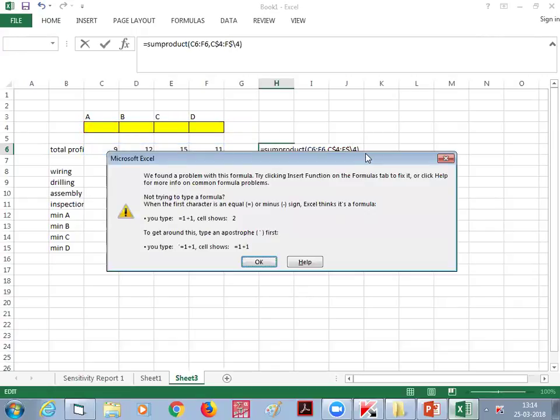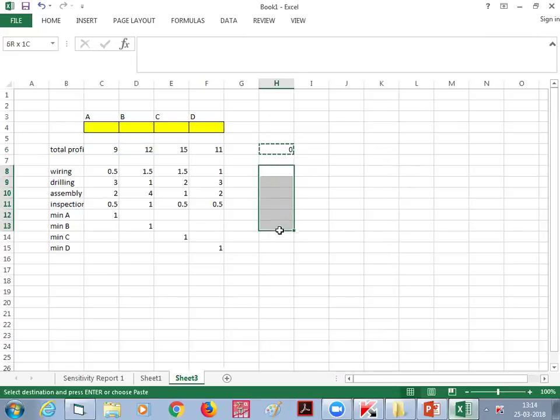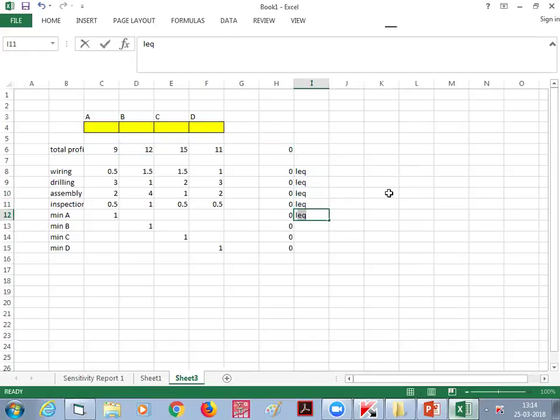Okay, so sum product, and I'm going to copy this all the way down. Now, the first few constraints are less than or equal to the capacity, and these constraints are greater than or equal to the requirement. Okay, these requirements were 150, 100, 300, and 400, right?